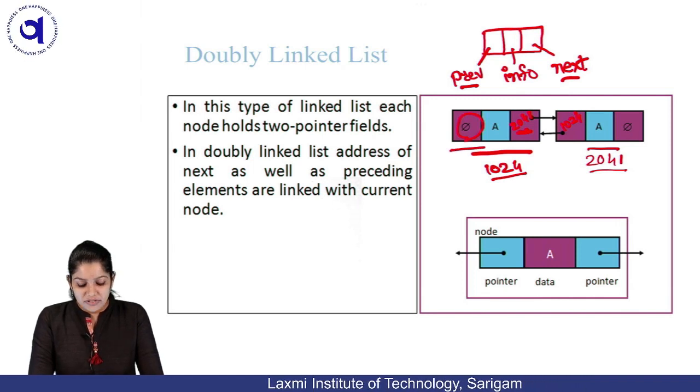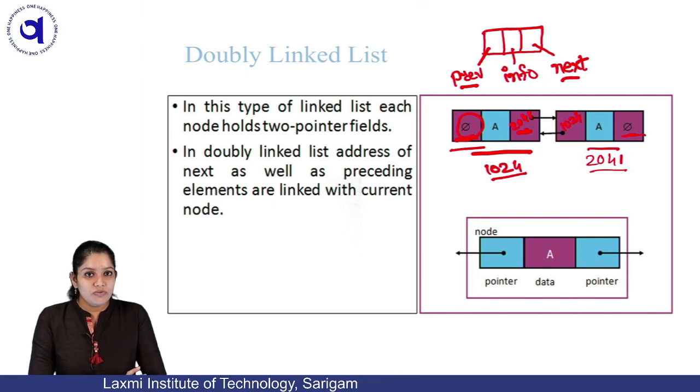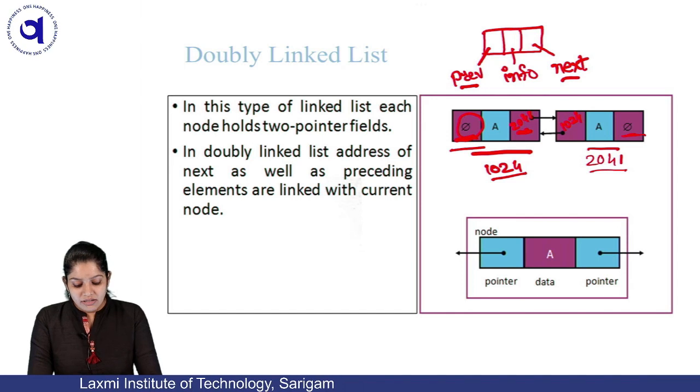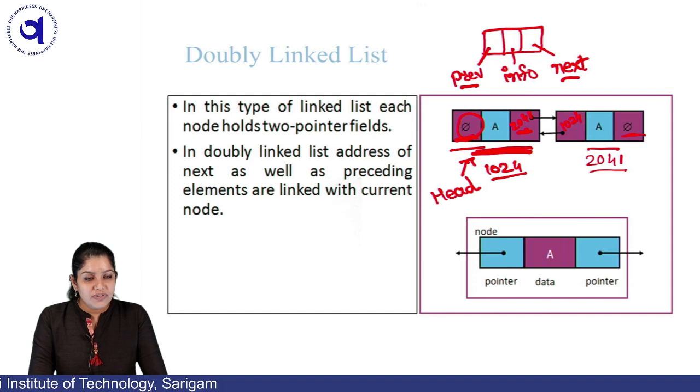Why is it null? Because this is my very first node, and before it I don't have any other node. Similarly, the next part of the last node is null, because we have only two nodes in our linked list. This is my first node and this one is my second node. The first node is always pointed to by head, which is again a pointer variable.